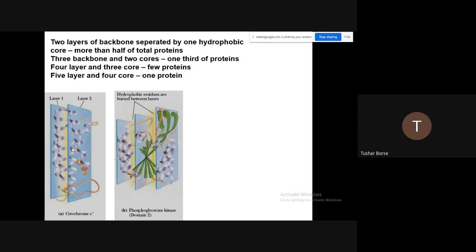But these are very few examples, one or two at most. So we can imagine that nature has not selected too much complication in protein folding. These are very simple structures, so that the proteins can exist and carry out specific functions, right?